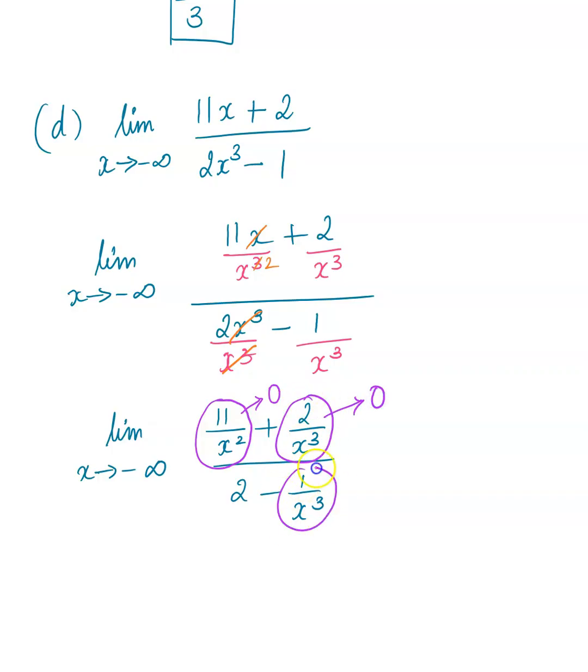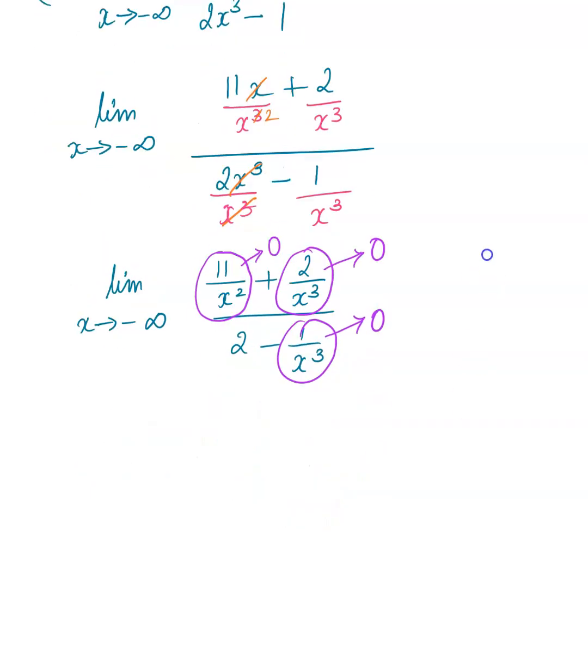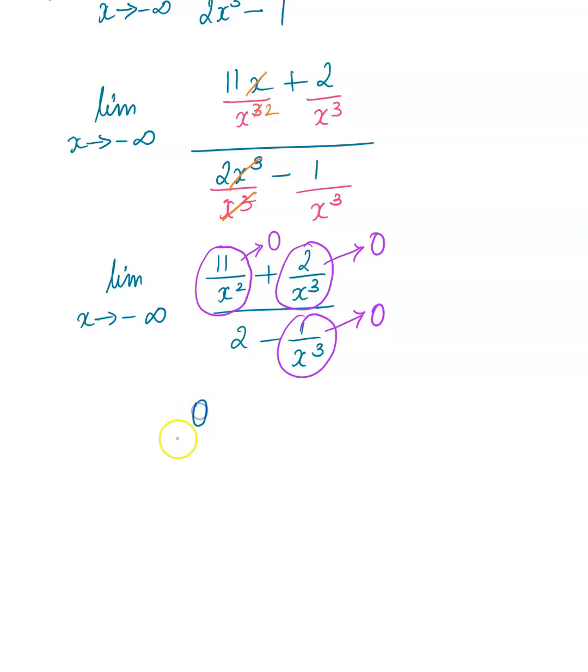That is a 0, and that will be a 0. So what we get after applying the limit is 0 over 2 minus 0, which is basically 0. 0 is a perfectly fine number. We just got this to be 0.